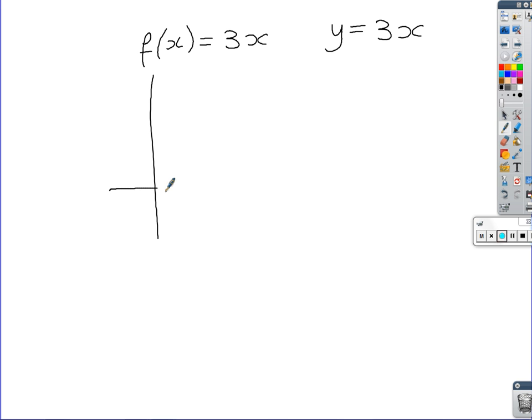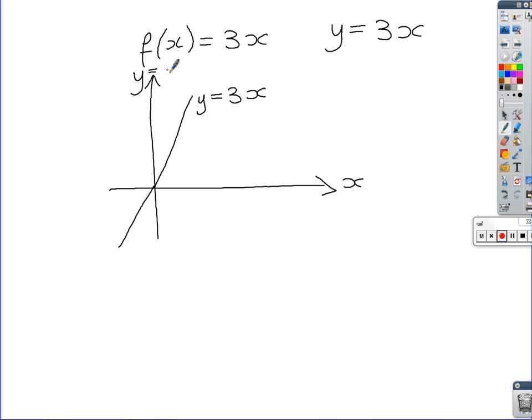So that means you can draw a graph of a straight line looking like this. Y equals 3x represents the connection between x and y. Or in the y-axis we could call this y equals f of x. So if you put in the numbers x, you get 3 times that coming out.